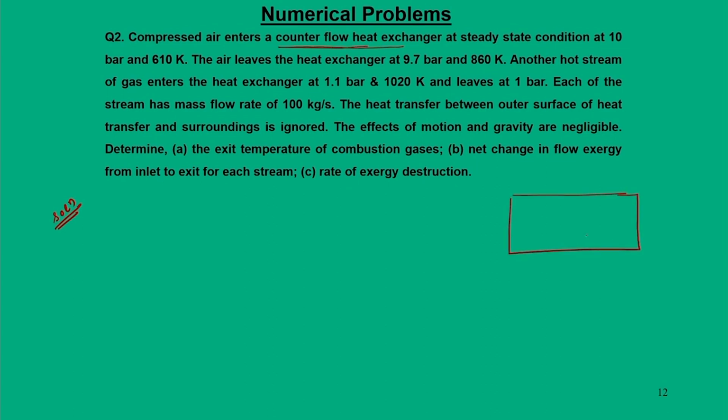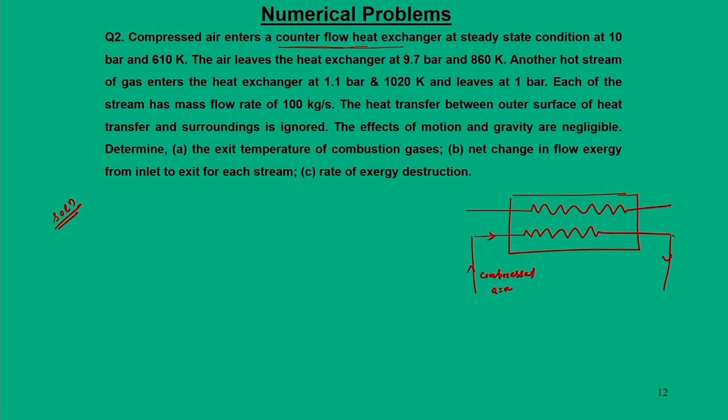In this counter flow heat exchanger, schematically, there is a hot fluid and a cold fluid, and they come in different paths. The first fluid that goes in is compressed air, and it enters this heat exchanger and leaves.